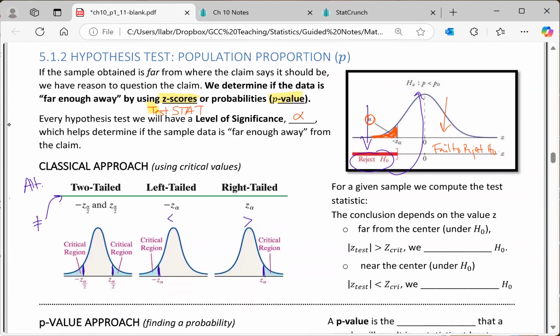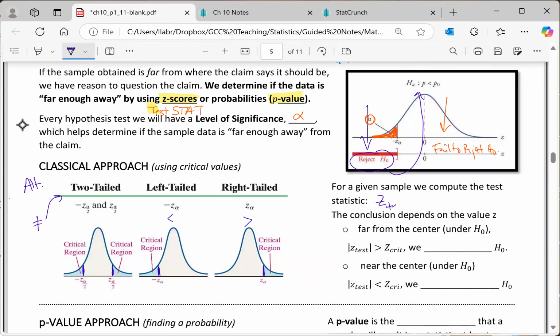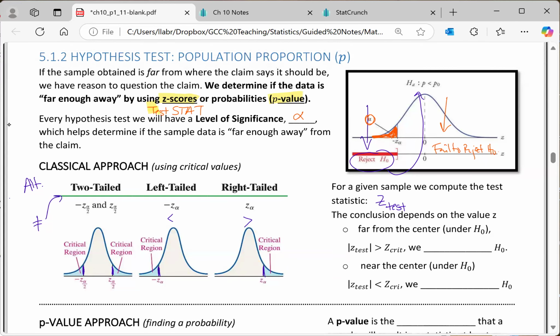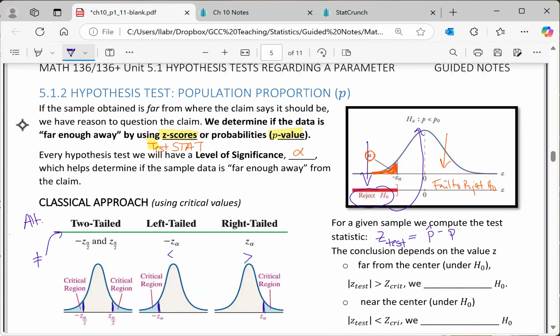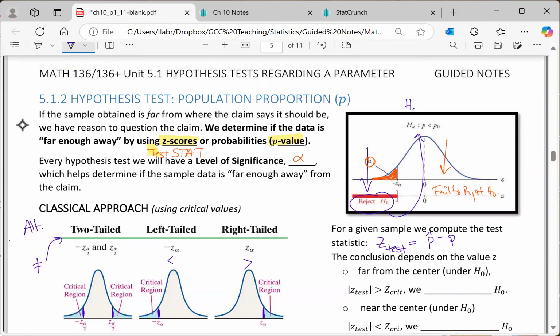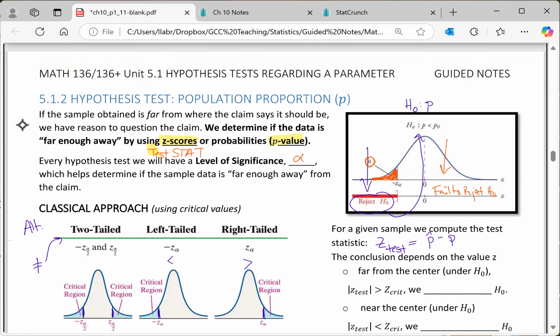So this is for proportions. For proportions, we can compute the test statistic, which is called the z-test. The z-test is simply the number of standard deviations that your sample lands from the claim. It will be p hat minus the claimed proportion, p0. Remember that your null hypothesis has a number, so this will be p0, some known number.